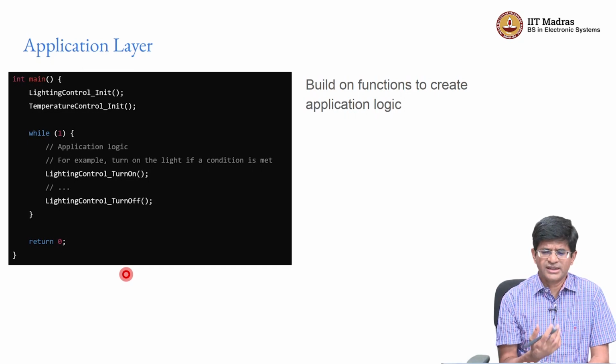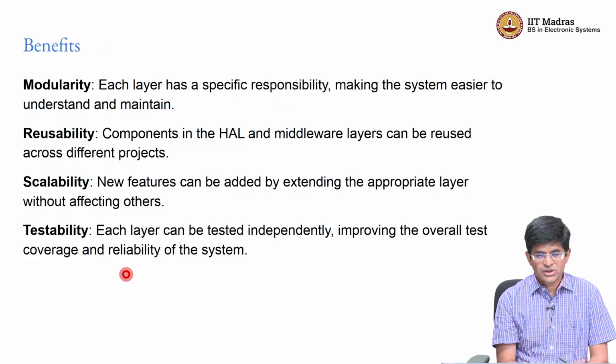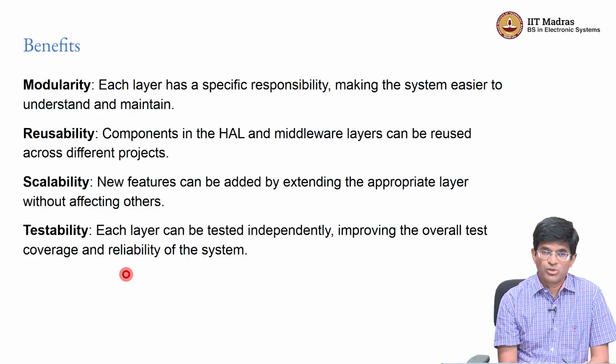So this kind of layered architecture helps us to create different layers of application logic and structure the code that we have. The benefits, obviously: you have modularity, you have reusability. The core functions, the drivers and even the middleware can be reused in different applications. It's scalable.